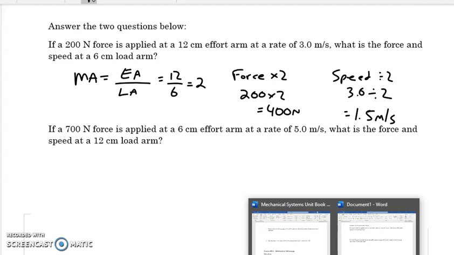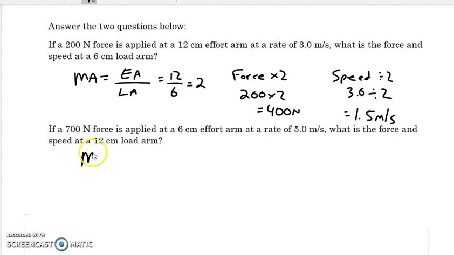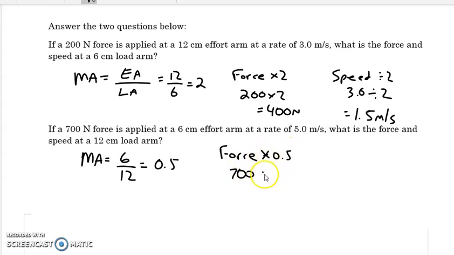What happens if it's the other way around? Well, in this case, the mechanical advantage, again, is 6 over 12, which generates a mechanical advantage of 0.5, or 1/2, because what we've done is we flipped this around. So what's happening with the force is we're taking the 700 newtons that we're applying, and we're multiplying it by 0.5, which is 350 newtons.